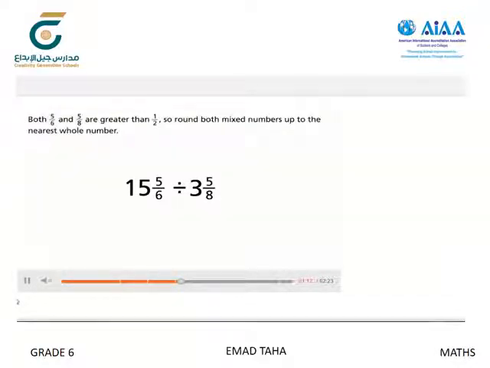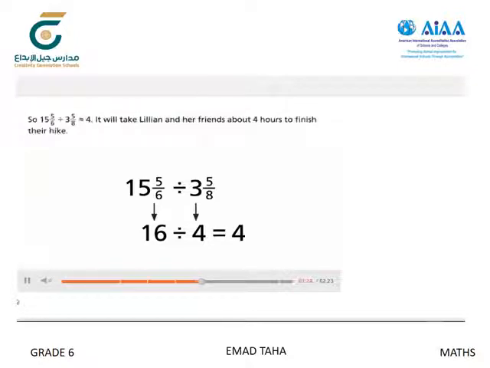Both 5/6 and 5/8 are greater than 1/2, so round both mixed numbers up to the nearest whole number. So 15 5/6 divided by 3 5/8 is approximately 4. It will take Lillian and her friends about 4 hours to finish their hike.